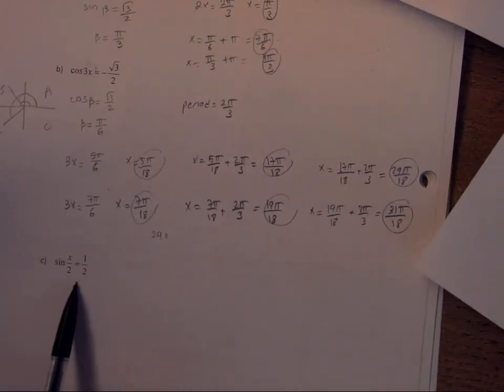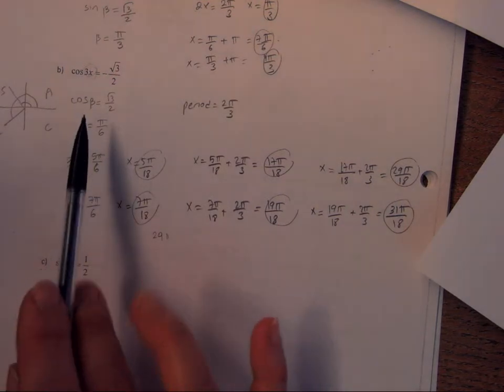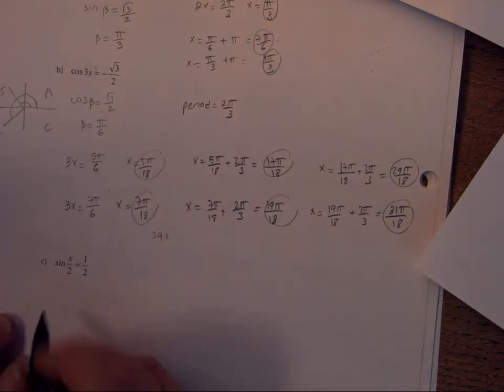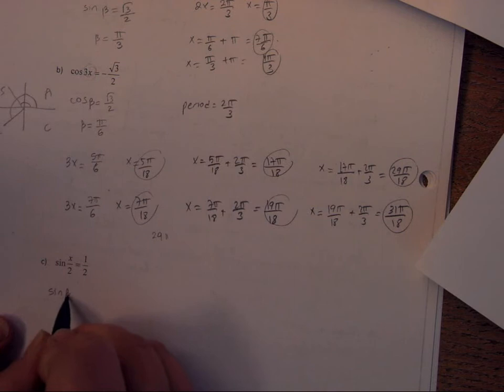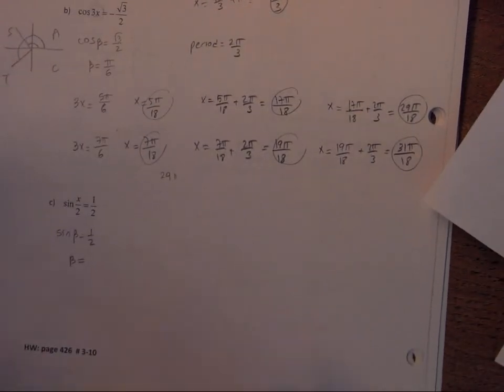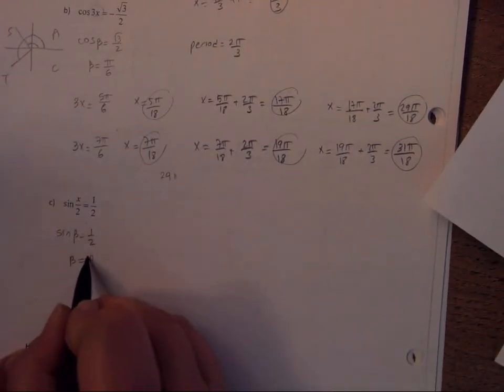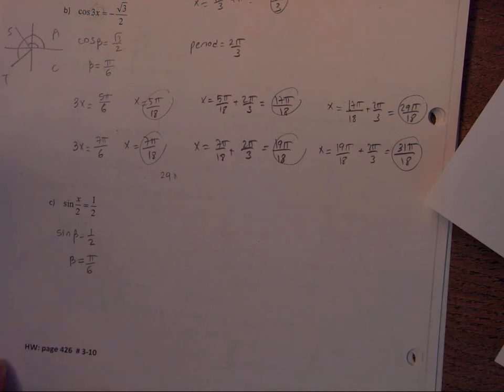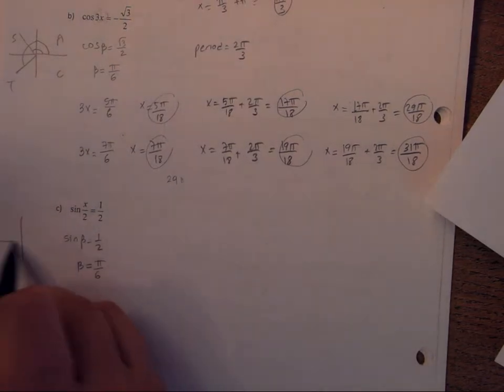So next one. Okay, so first step, write the ratio for related acute angle. Get related acute angle, which is pi over 6. Okay, so now do the CAST.